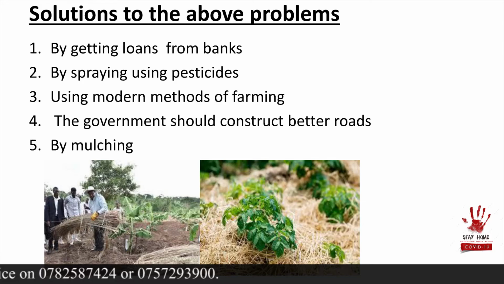The first solution: remember, we looked at the problem of capital. Many farmers lack capital. So let's see what a farmer can do for this problem. A farmer can get loans from banks. Banks are more than willing to give loans to farmers. So if there is a farmer out there who lacks capital, we advise you, go to the bank.